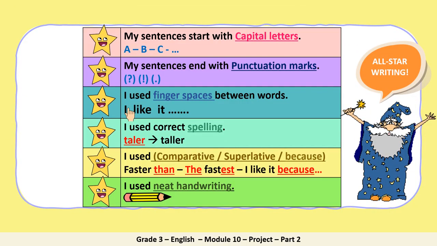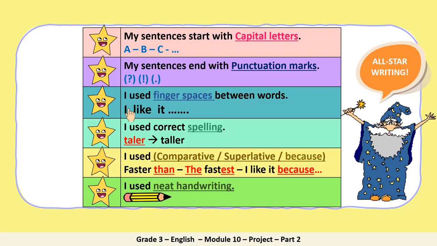Are you all done? Because I cannot see your writing, I want you to use this writing checklist to give yourself a star for everything you did right. So, you used capital letters at the beginning of your sentences? You get 1 star. You ended your sentences with punctuation marks? 2 stars.